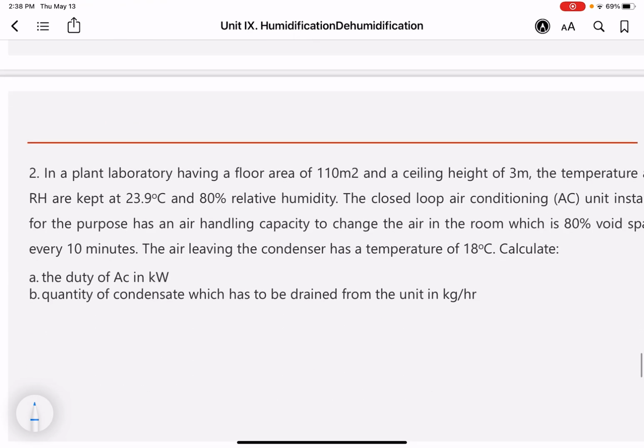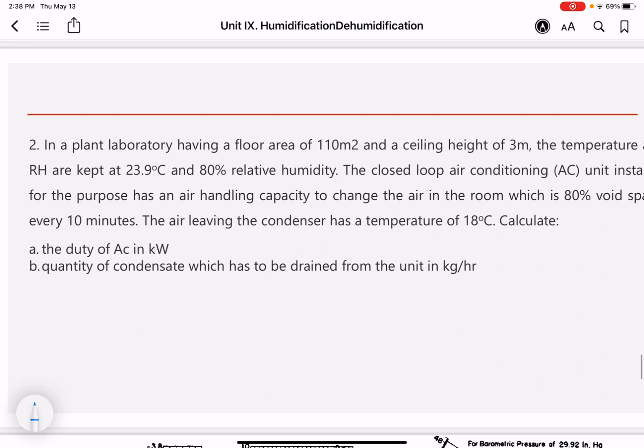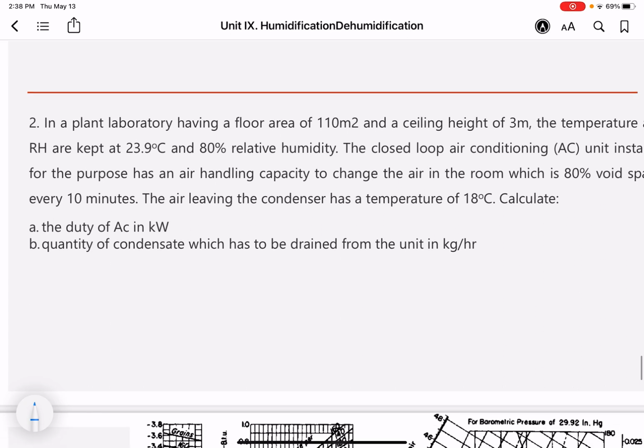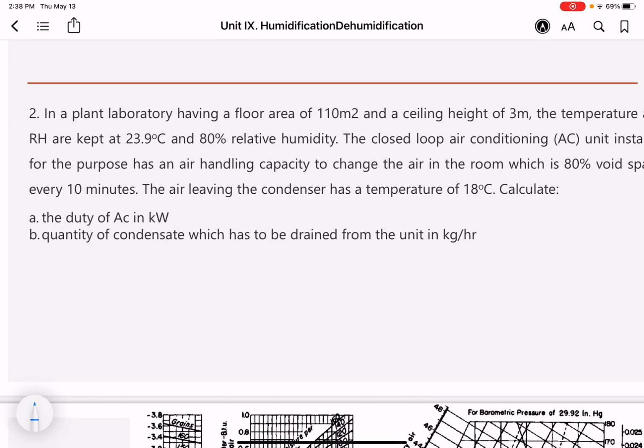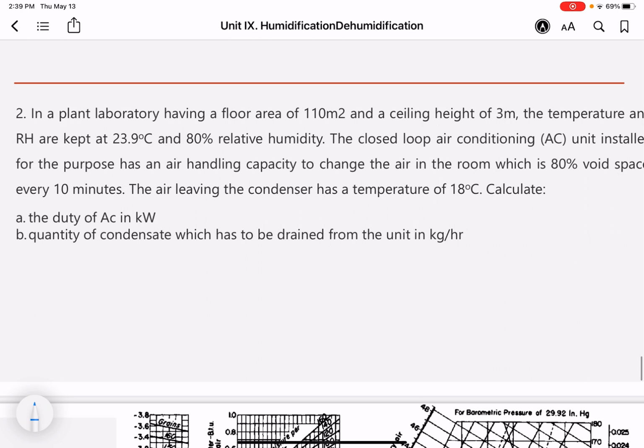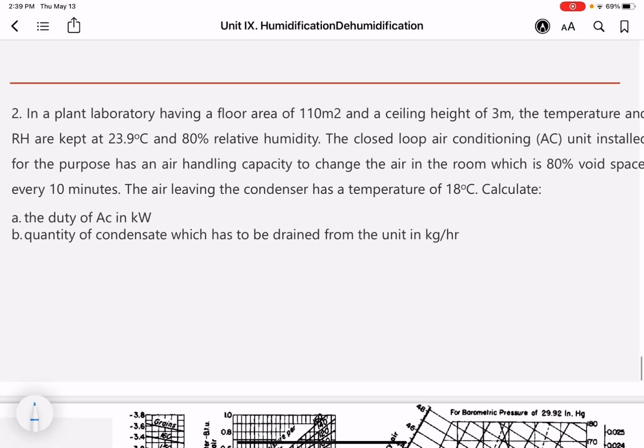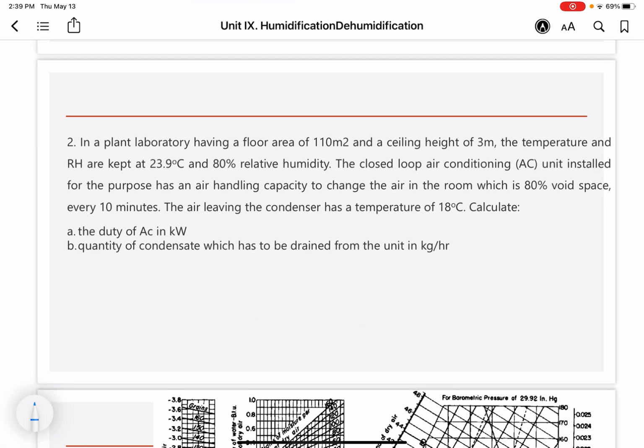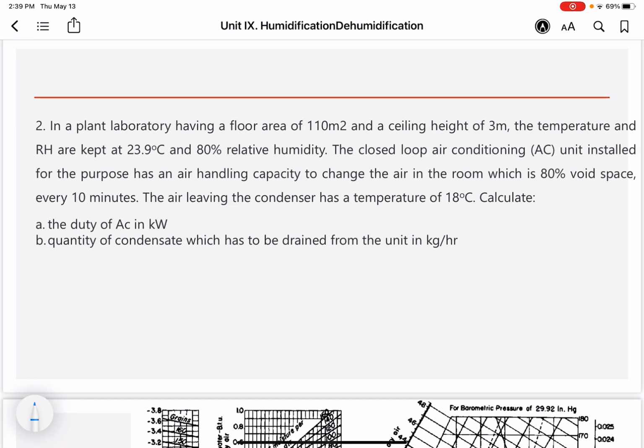Okay? Now we proceed with problem number 2, which actually is cooling with condensation, or that's dehumidification. In a plant laboratory having a floor area of 110 meters squared and a ceiling height of 3 meters, the temperature and relative humidity are kept at 23.9 degrees C and 80% respectively.